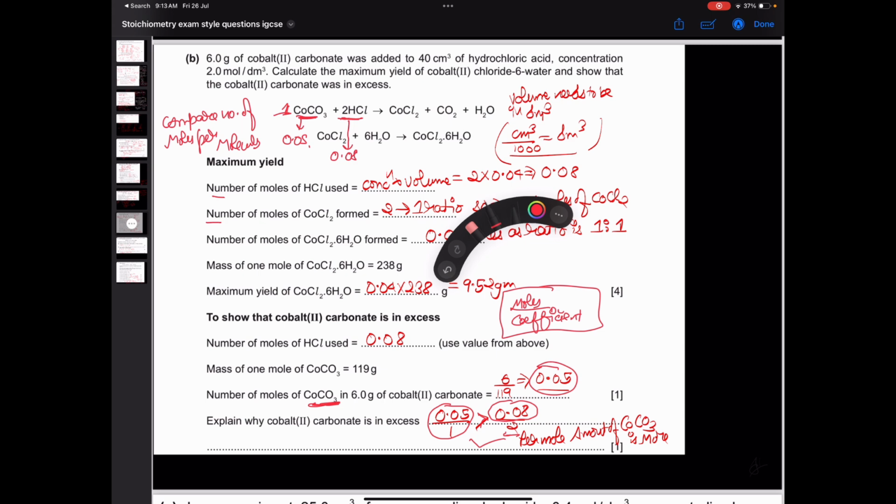How can you compare one molecule with two molecules and say one is stronger, the other one is weak? Do the fair comparison. Compare per molecule. So two molecules of HCl are occupying 0.08. One molecule will be occupying how much? 0.04, right? And here one molecule is already occupying 0.05. Now you can tell which one is in excess. Cobalt carbonate is in excess. That is why cobalt carbonate is the answer here. Got it?